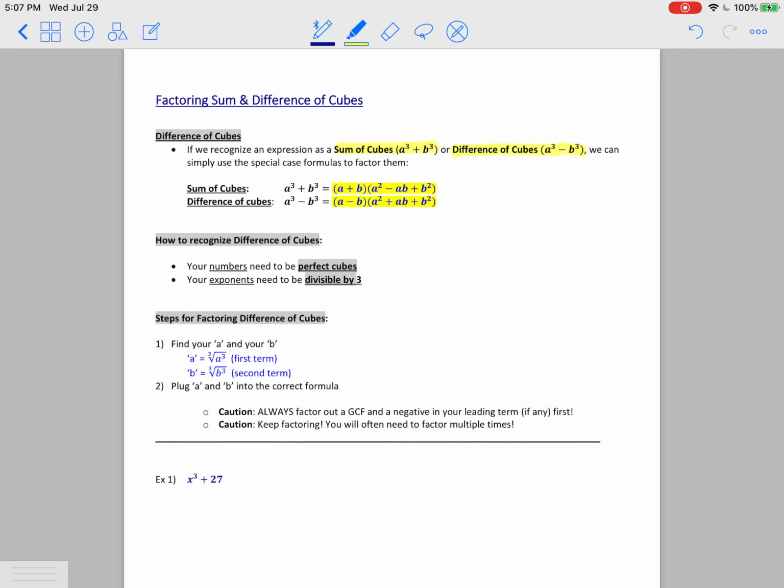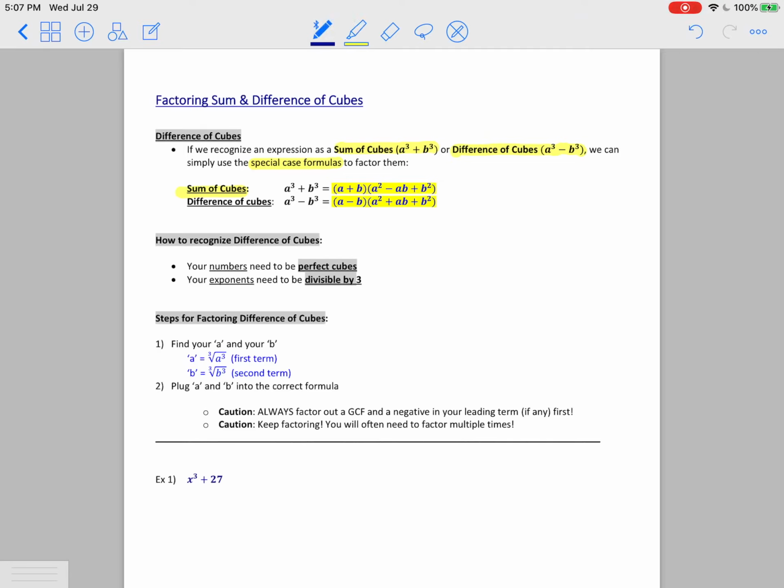And if we can recognize these expressions as special cases, then we'll have to find our a and our b, but then we can just plug the numbers and variables into our special case formula. And we've got two of them you can see here. We have the sum of cubes, and of course we saw above that's a cubed plus b cubed.